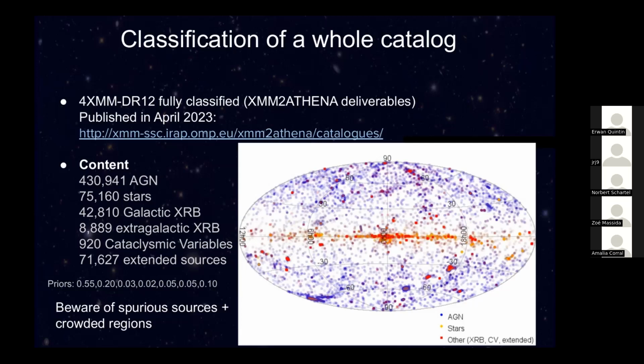But if I trust the result of the classification, this is the content of XMM DR12 with more than 400,000 AGN, and here is the galactic latitude and longitude of the different classes.